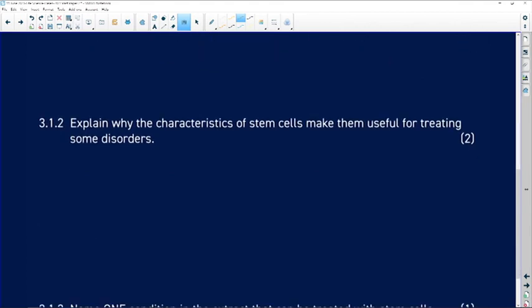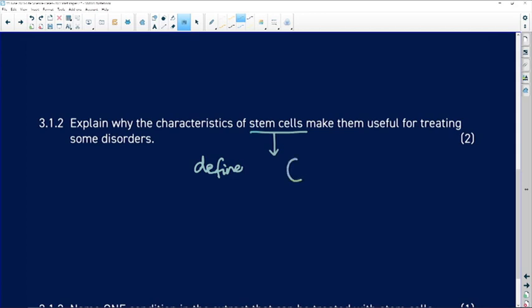Explain why the characteristics of stem cells make them useful for treating some disorders. So what we're looking at here really is we need to define what a stem cell is. We need to say what makes a stem cell different to other cells.